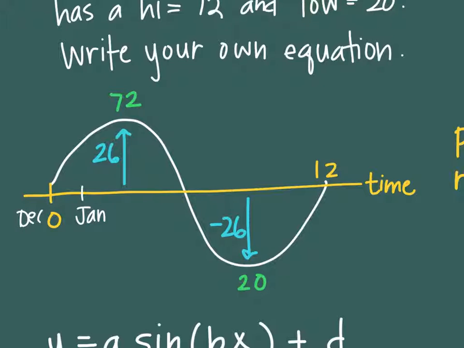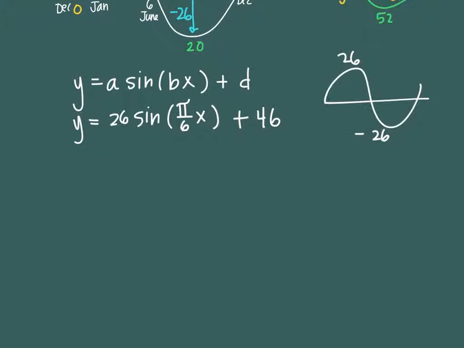December. And what's 12? Also December. Okay? And what's the middle? June, which is 6. Okay? All right. Okay, let's try another one.